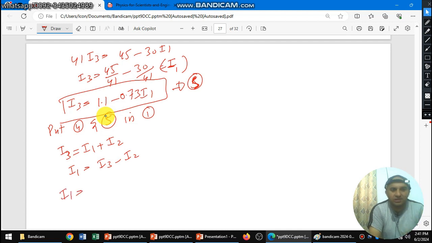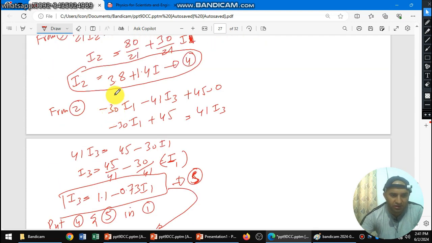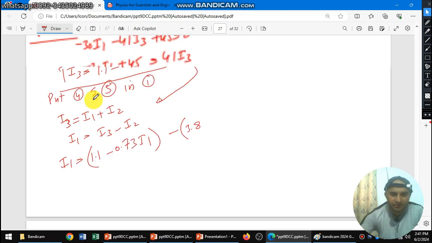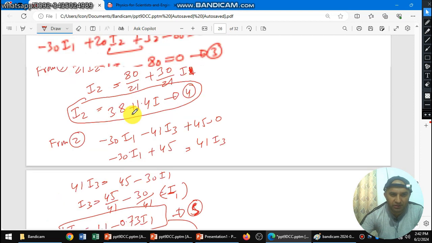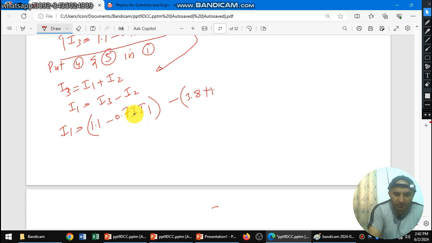I3 from equation 5 is 1.1 minus 0.73 I1, minus I2, and I2 is given as 3.8 plus 1.4 I1. We solve this one: I1 is equal to 1.1 minus 0.73 I1 minus 3.8 minus 1.4 I1.